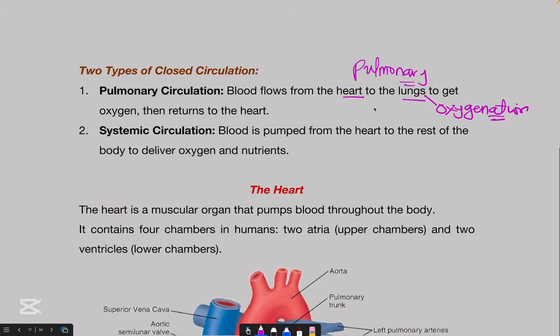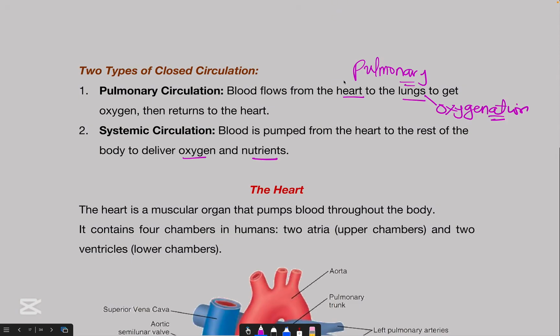Then we have systemic circulation. In systemic circulation, the blood is pumped from the heart to the rest of the body to deliver oxygen and nutrients. So in pulmonary, the blood flows from the heart to the lungs, where it gets oxygenated. Then in systemic circulation, the oxygenated blood is pumped from the heart to the rest of the body to deliver oxygen and nutrients.